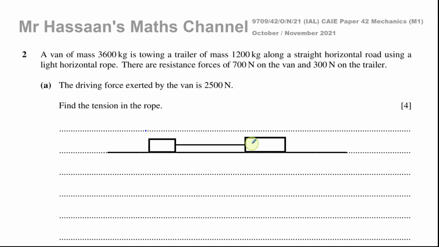So the van has a mass of 3,600 kilograms. Let me just make that thinner, too thick there. And this has a mass of 1,200 kilograms. So this is the van, and this is the trailer. The resistance forces of 700 newtons on the van, so that's 700 newtons acting this way on the van.